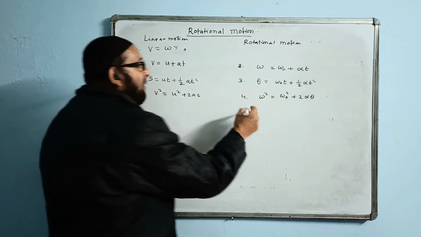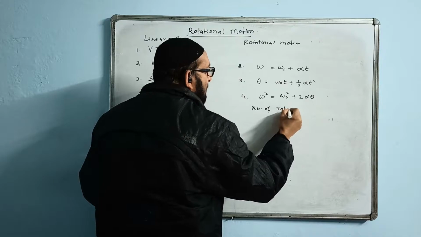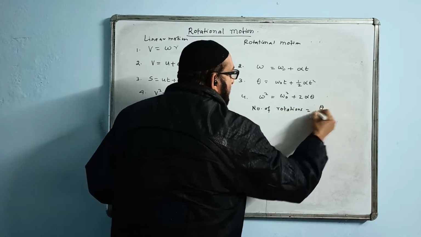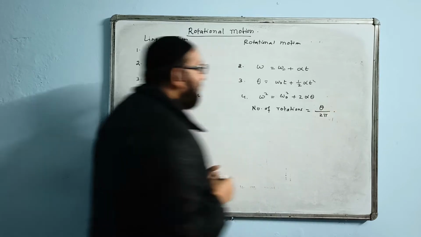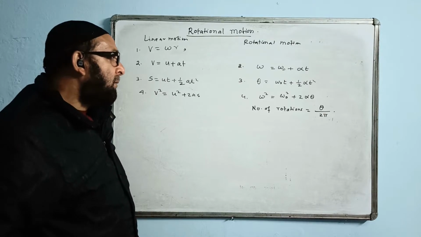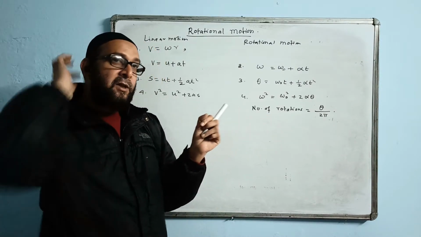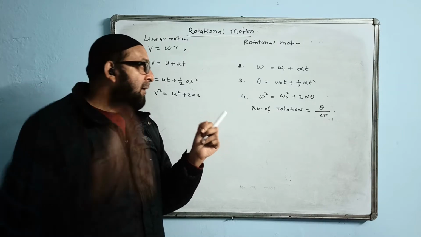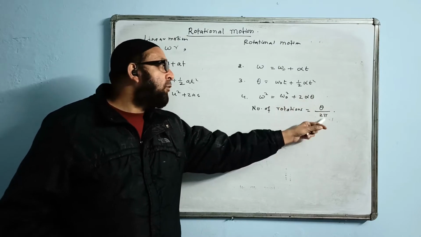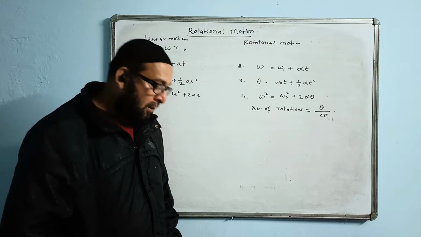And here we can find one more thing, the number of revolutions or rotations. The formula is theta by 2 pi. That means in one rotation, what is the angle? 2 pi radian. 360 degrees is the same as 2 pi radian. Therefore, the total angle divided by 2 pi will give the number of rotations.